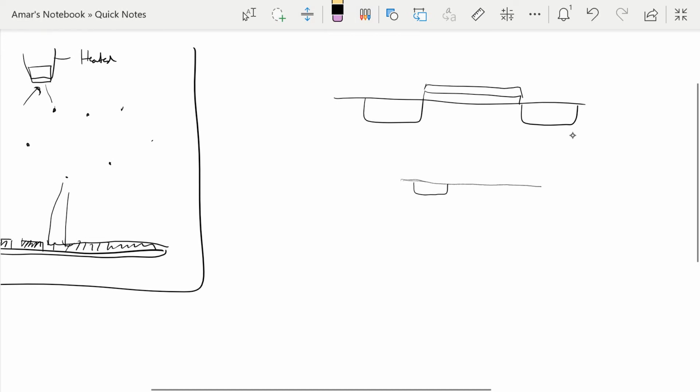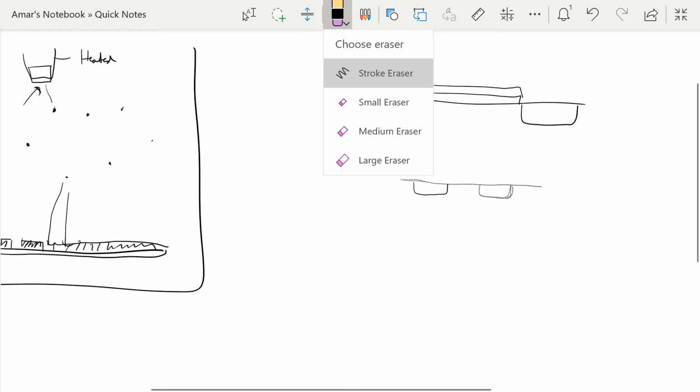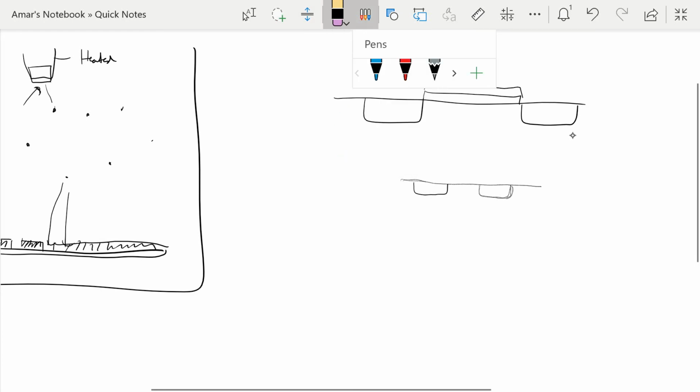So as you make the transistor smaller in the L and W dimension, I chose the wrong one here. You also have to decrease the thicknesses. So let me describe what these dimensions are.